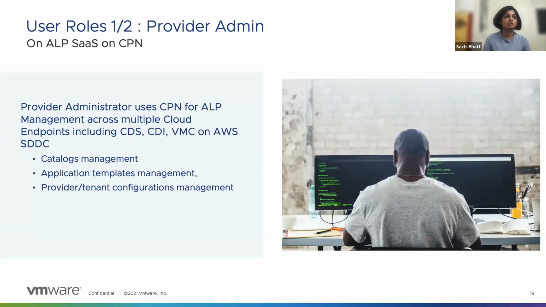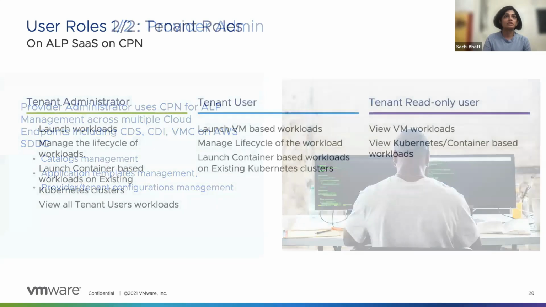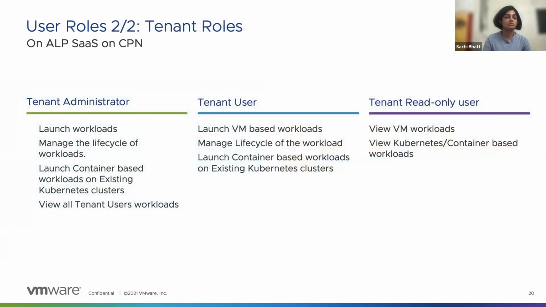Their job is to create and manage catalogs, add and manage application templates, and then provide the configuration or manage the tenant's configuration. And for the tenant user, we have 3 users. One is tenant admin, who is going to see all the workloads within the tenant organization.